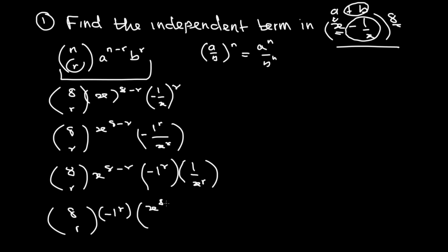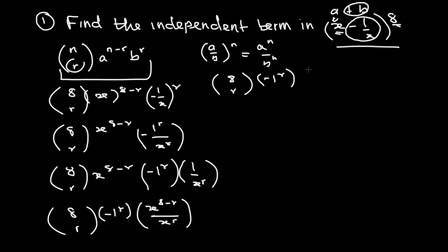Then we are saying it's 8 minus r. Then we are saying this is going to be divided by x r, like that. So now we can do it one last time, 8 r, like that. Then we can have our minus r, right?